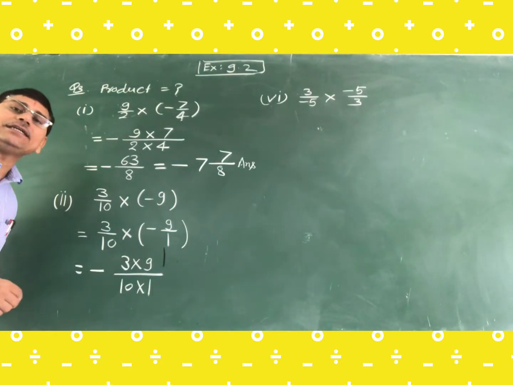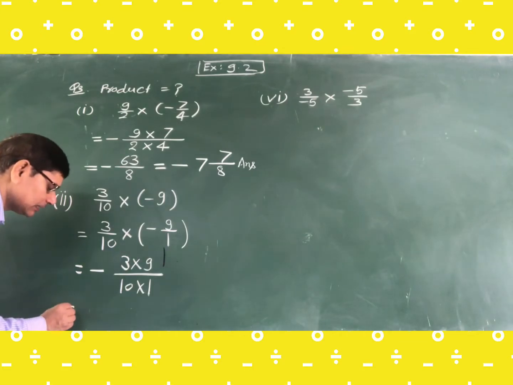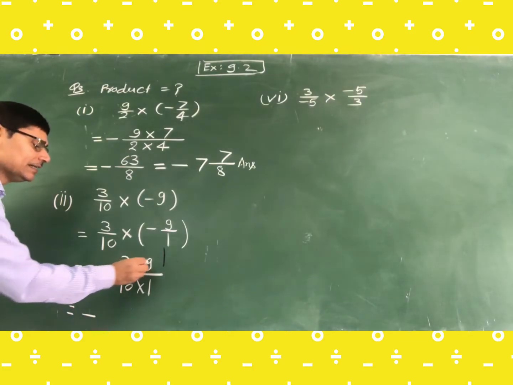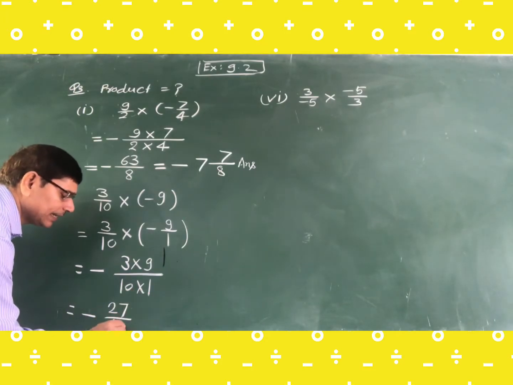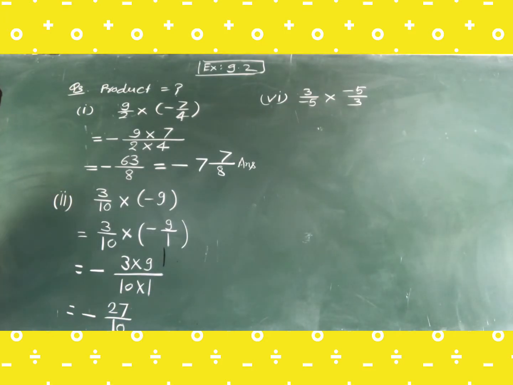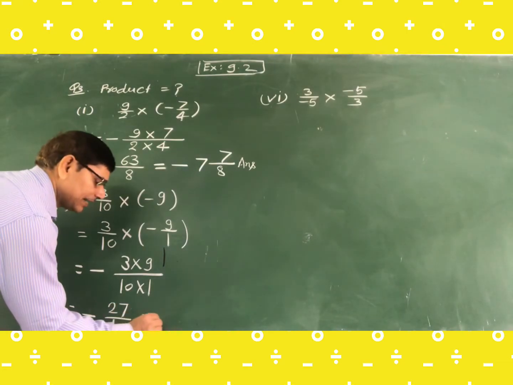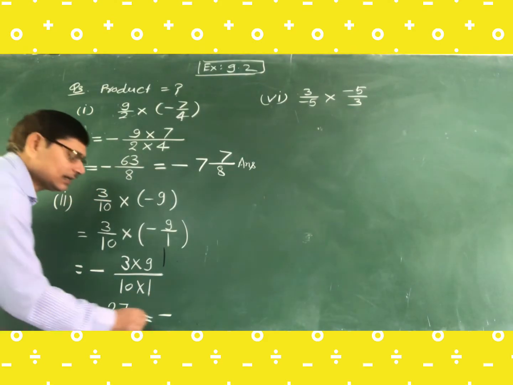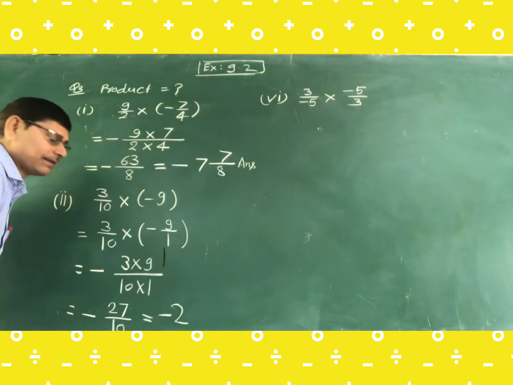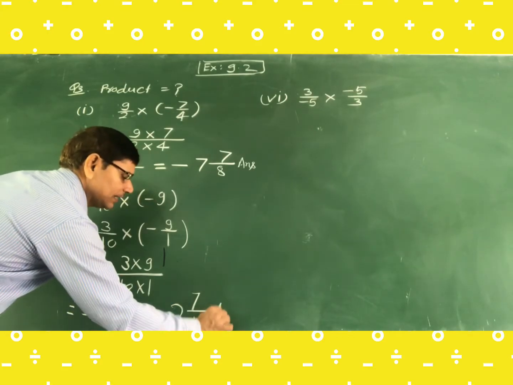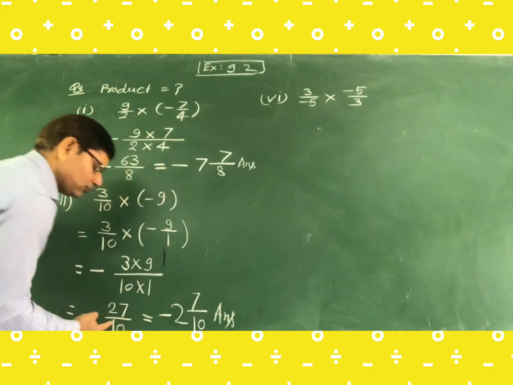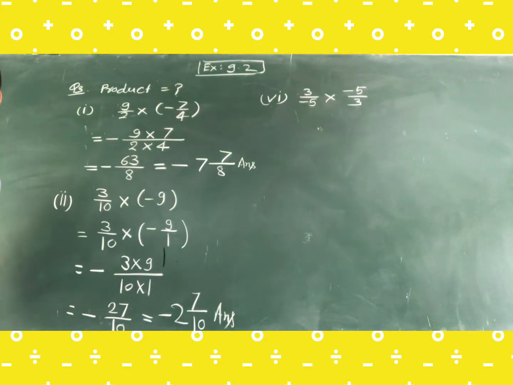So finally dear, you will get minus, 9 threes are 27, and 10 ones are 10. Again you can see the numerator is greater than the denominator, so you can write this in whole number form, that is minus 2 tens are 20, and remaining is 7 by 10. So this is the final answer of this question. Otherwise you can write this as your answer too.